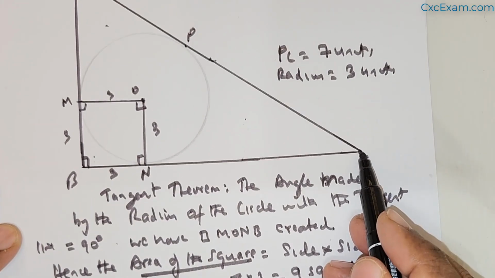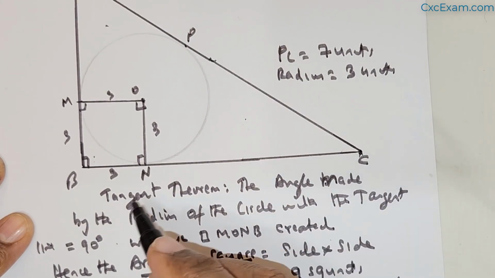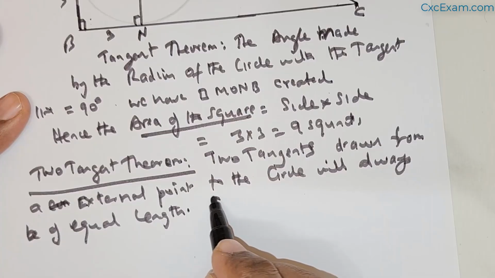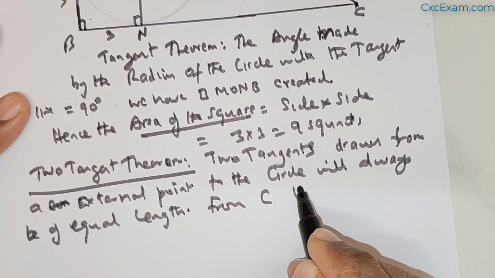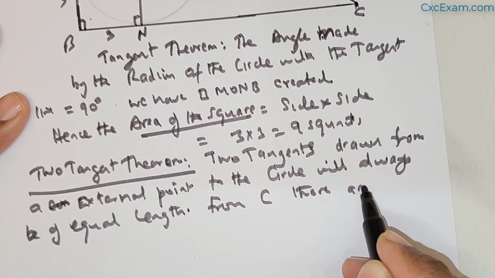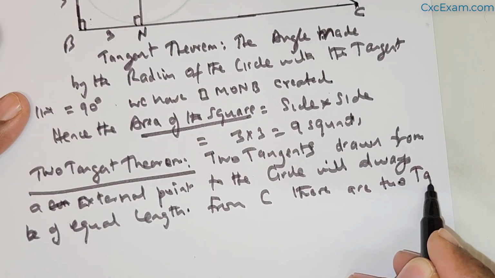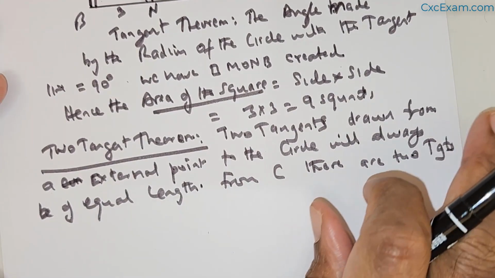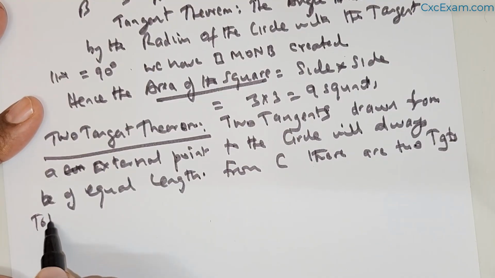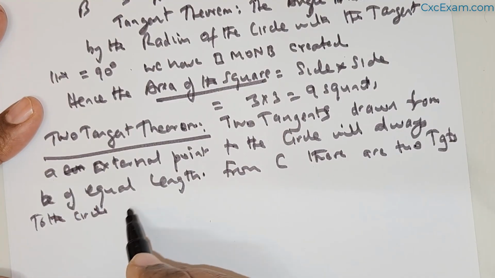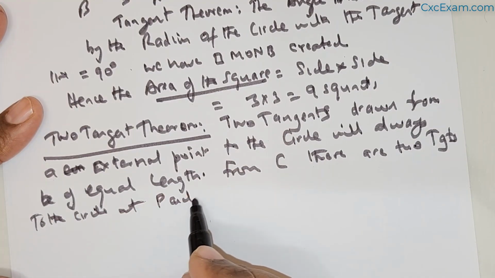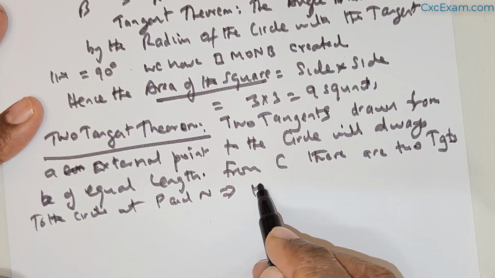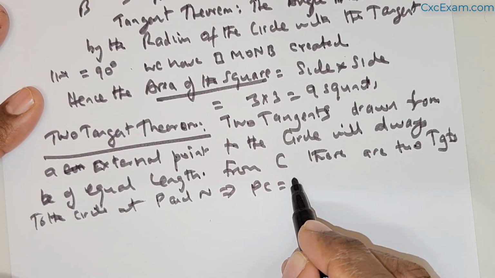So we have an external point C, and two tangents are heading from C to the circle at P and N. So this implies PC will be equal to NC.